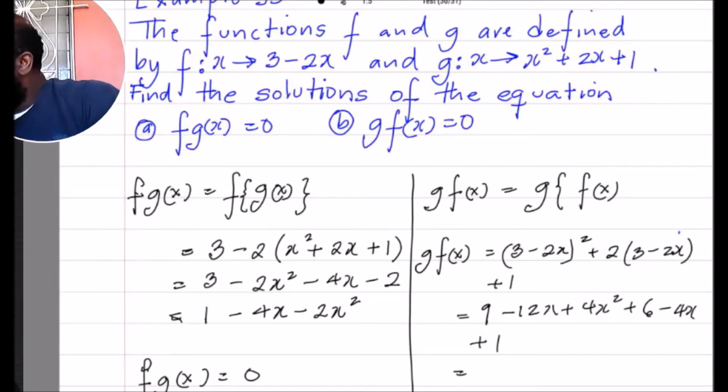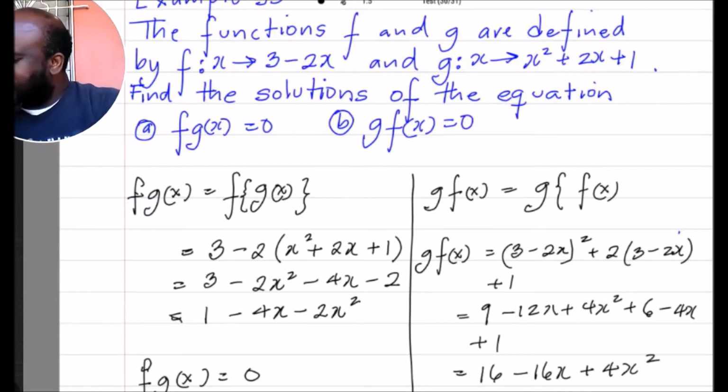All right, with the numbers: 9 plus 6 is 15, plus 1 is 16, minus 12x minus 4x, that's minus 16x, and then plus 4x squared.